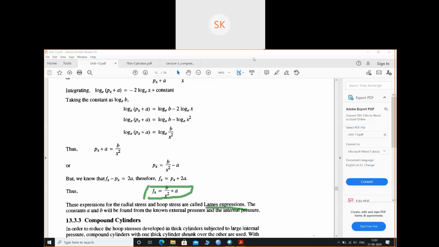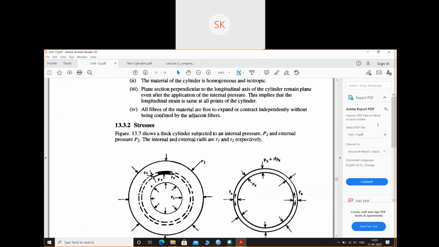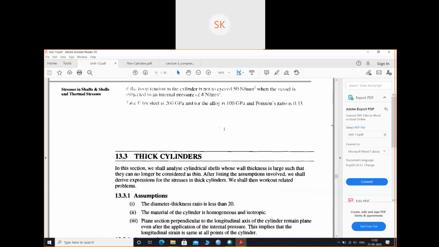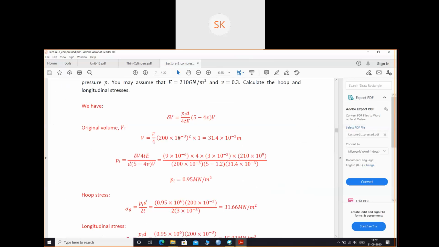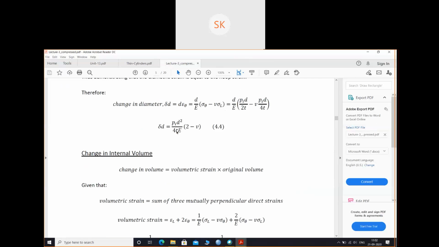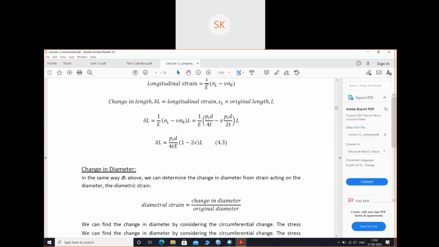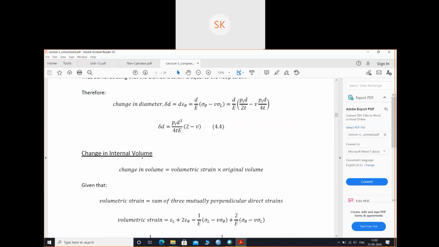Go through these definitions once. If you don't understand, then we'll talk about this in the next class when we study the compound stress. So basically in this section we saw the strains due to hoop stress and longitudinal stress, which are change in length, change in diameter, and change in internal volume.